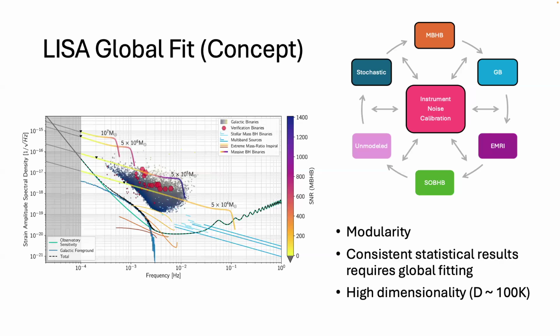One last note on this slide, and one very important thing, both to the theoretical concept and the numerical and algorithmic implementation, is the idea of modularity. Everything that we build for the LISA global fit has to be modular. I will get into a lot of that near the end in terms of actual implementation and some code things that I want to show.